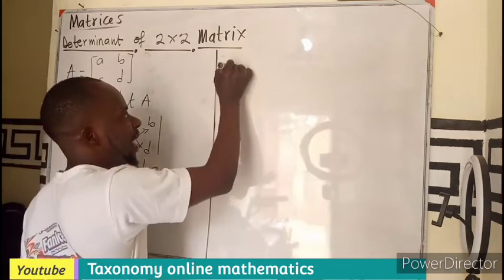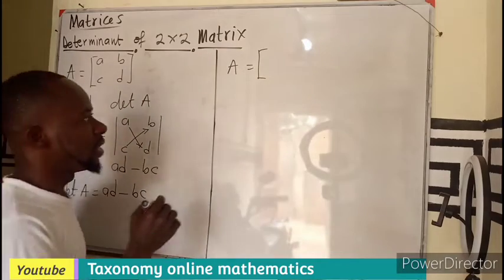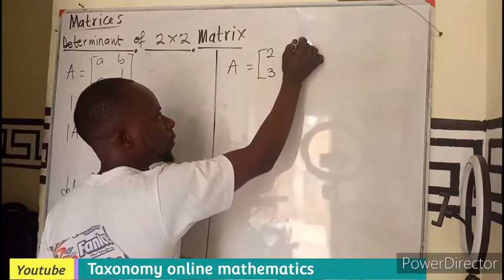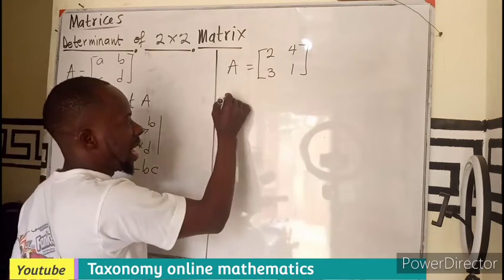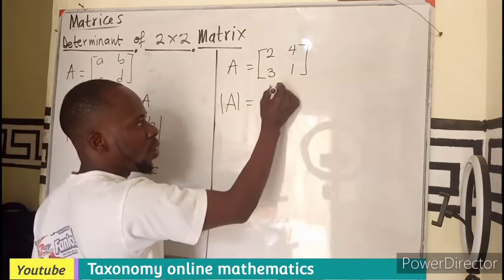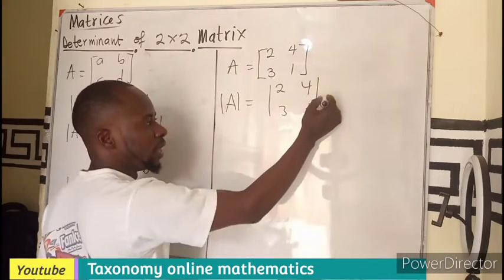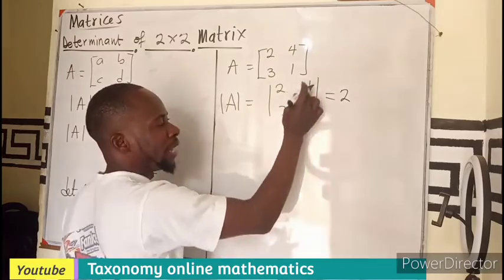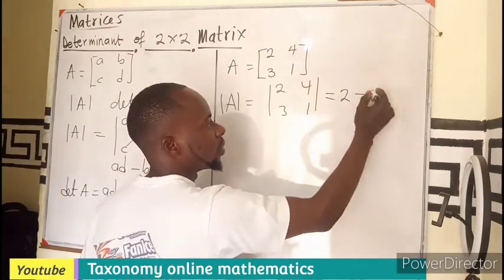So if by any chance we assign values to a, b, c, d to be 2, 4, 3, 1, and I'm asked to find the determinant, I can have this equals the bar on 2, 4, 3, 1, which is going to be the product of the leading diagonal, which will be 2, minus 12.